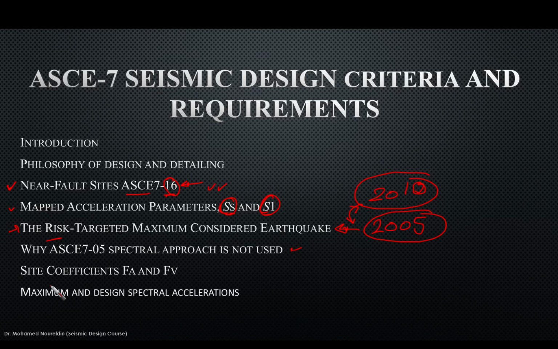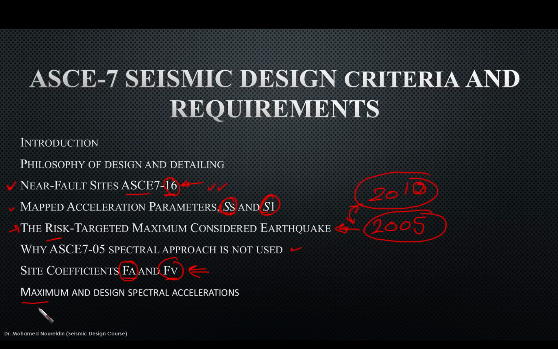Then I'm going to talk about the site coefficients, FA and FV, coefficients for modification of the mapped acceleration in order to obtain the maximum spectral acceleration. I'm going to talk about the importance of inclusion of soil properties and soil deposits in general in controlling the spectral acceleration.